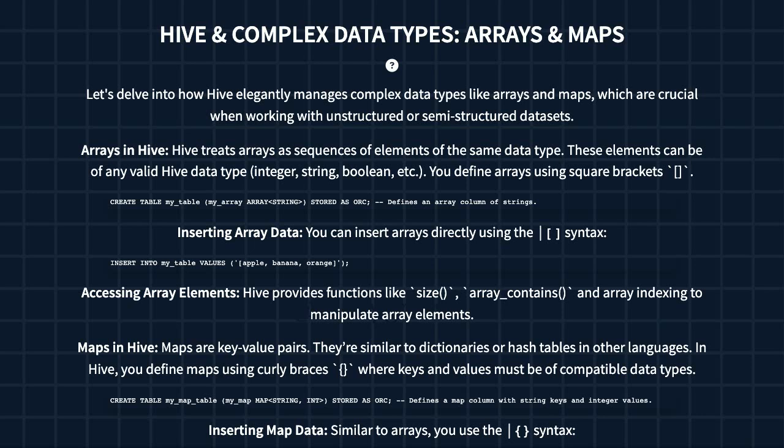Now, maps are essentially key-value pairs, like a dictionary where you look up information based on a name or key. They use curly braces to define them. You insert map data using the syntax and access values by their corresponding keys. These features make Hive really powerful when dealing with data that doesn't fit neatly into rows and columns, offering flexibility for working with various data formats.